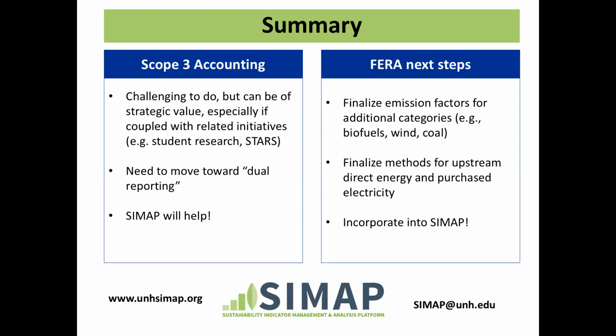It provides informed decision-making, so you can't manage what you don't measure. It helps provide quantitative data for a number of other related initiatives like STARS and the Real Food Challenge and student research. And it also provides a leadership opportunity.